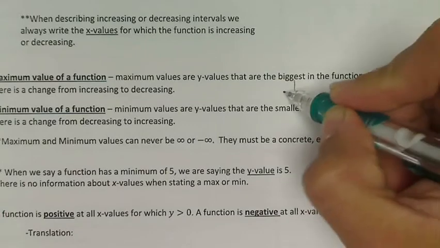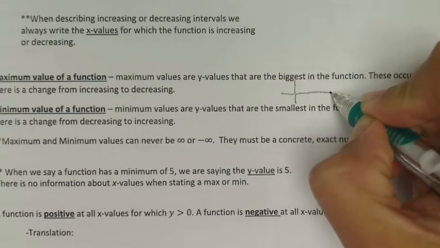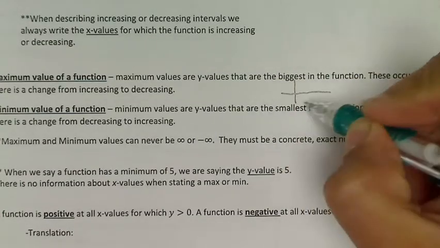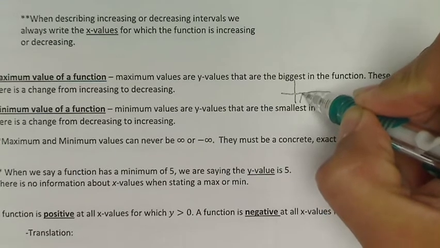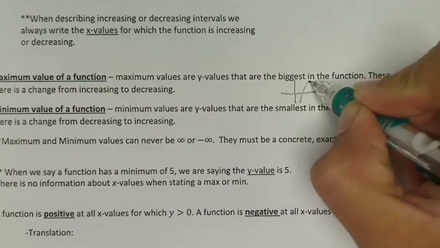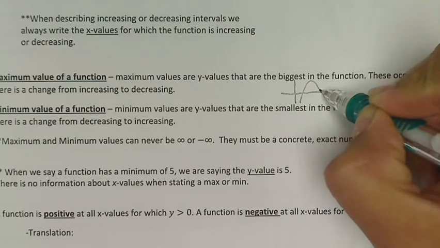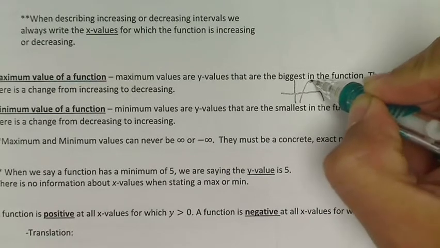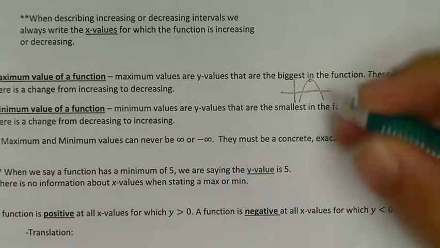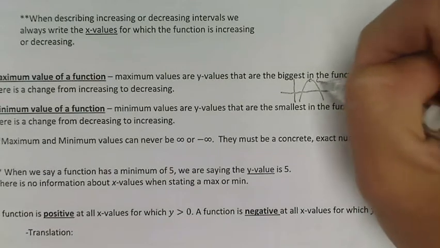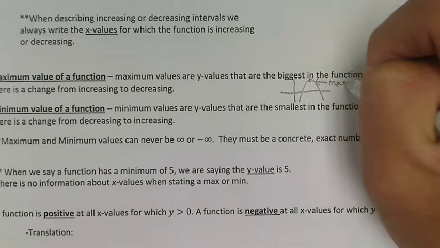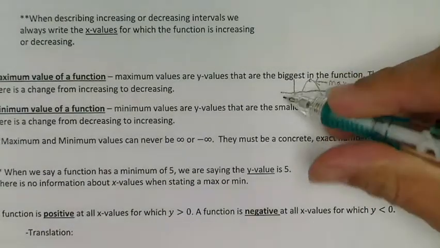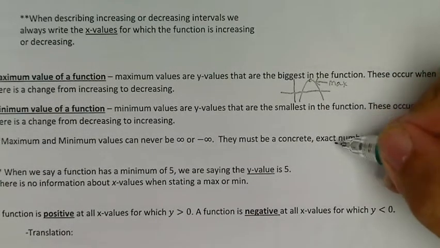If I was to draw a small little picture here, if I change from increasing, that means rising from left to right, to decreasing, which is falling, this point right here would be a max. Okay, it creates a hump. Is another way to see it.